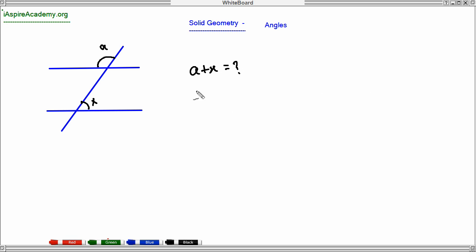To solve this problem, we know that A equals this angle from the rules of parallel lines. So A plus X is equal to 180 degrees because these two are supplementary angles.